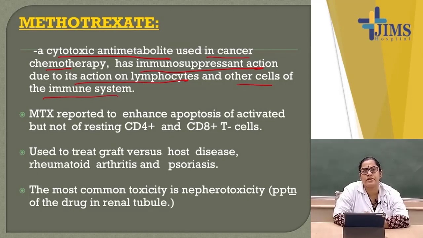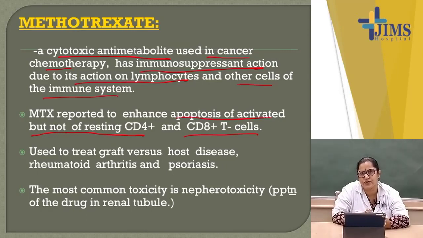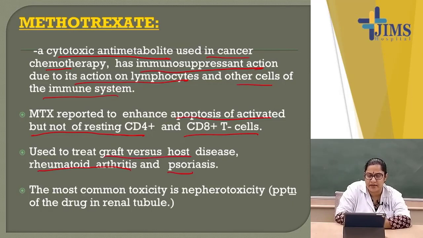It has been reported to enhance the apoptosis of activated but not resting CD4 and CD8 T cells. It is used to treat graft versus host disease, rheumatoid arthritis and psoriasis. The most common toxicity is nephrotoxicity due to precipitation of the drug in the renal tubule.